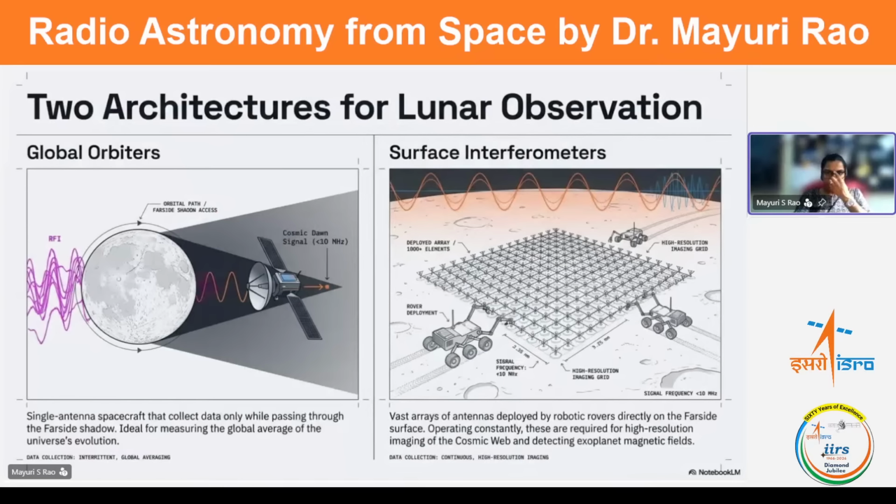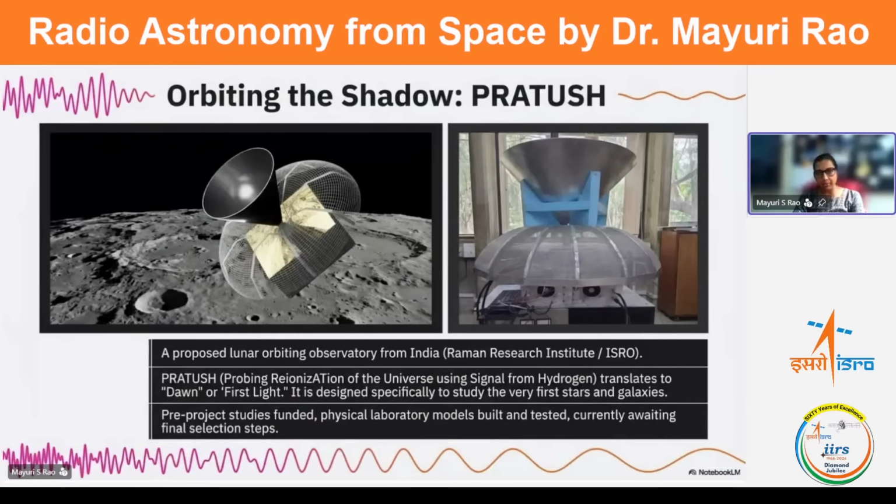So with that in mind, our group here at the Raman Institute has proposed an experiment called Pratyush, which is expected, if approved, to orbit the moon. And when it is on the far side, it will collect radio waves. And on the near side, it will transmit the data back to Earth.